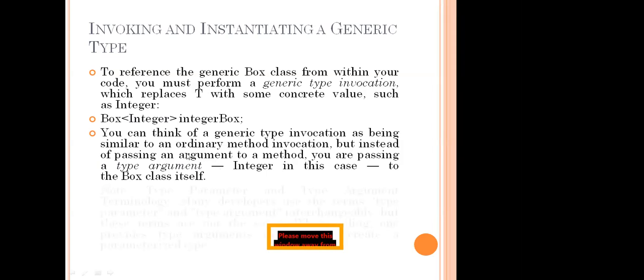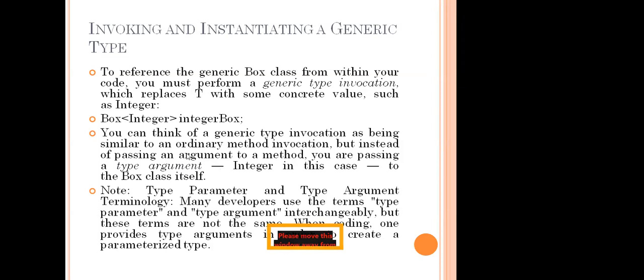So here one important thing is type parameters and type arguments. Have you heard the words arguments and parameters? Generally we talk about arguments and parameters. Similarly, we may say arguments, and we may say parameters also.